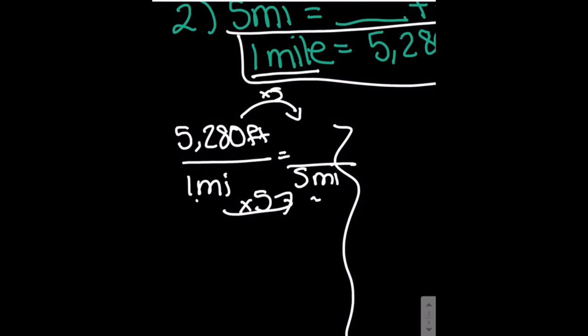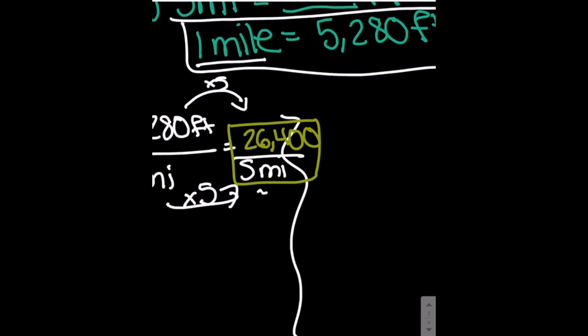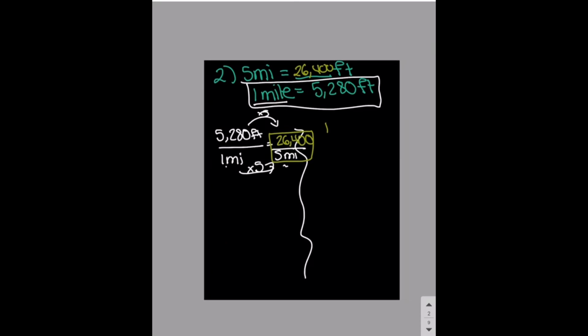And when you do that, 5,280 times 5, you're going to get 26,400. So that's the answer you would have gotten over here. Now you could check with the other method. The other method would have been the same exact thing.